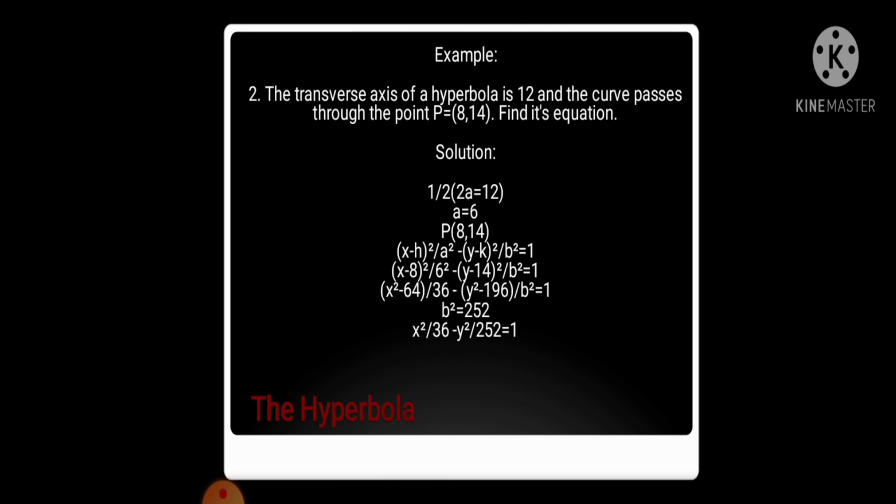So, by b squared, the value of b squared is what we will find, so equals 1. So, the value of b squared is 252. So, wherein the equation is x squared by 36 minus y squared by 252 equals 1.